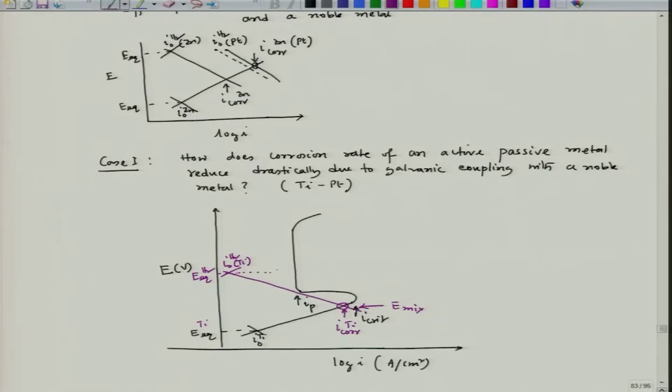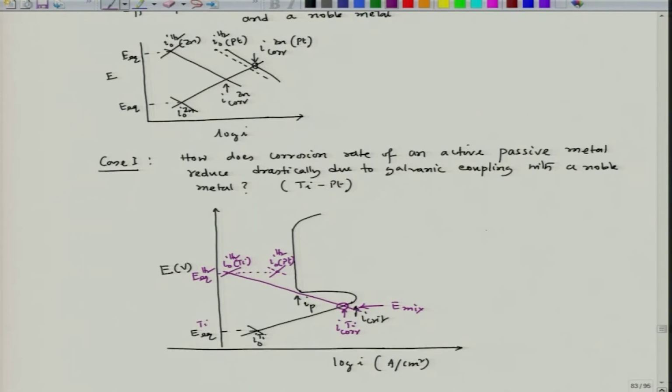Now, this is the point of the hydrogen evolution reaction, the E equilibrium, and this is I0 hydrogen on platinum surface, provided the platinum is there on top of titanium surface.